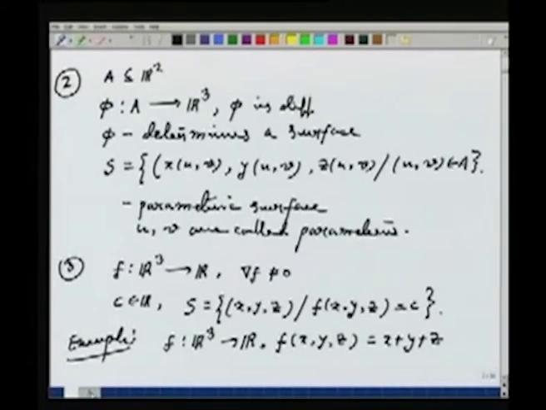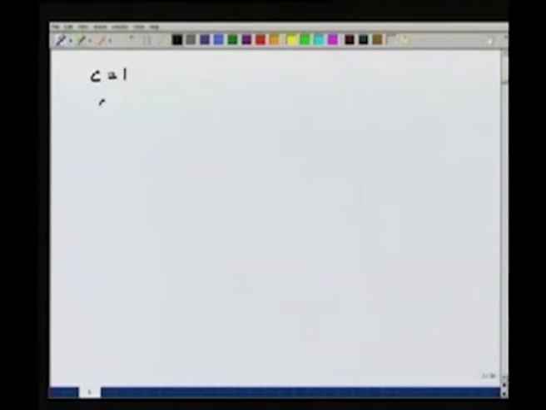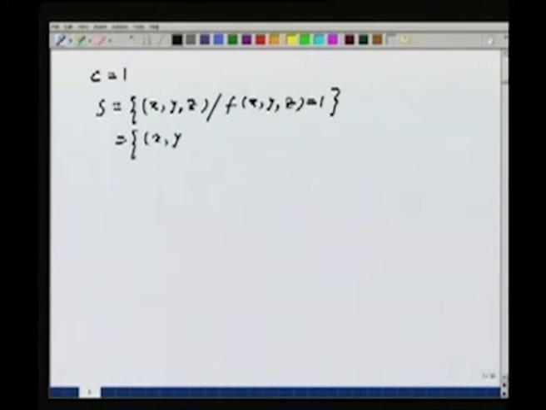Let me take c to be equal to 1. Then my surface S is all (x, y, z) such that f(x, y, z) is equal to 1, that is, all (x, y, z) such that x plus y plus z equals 1.